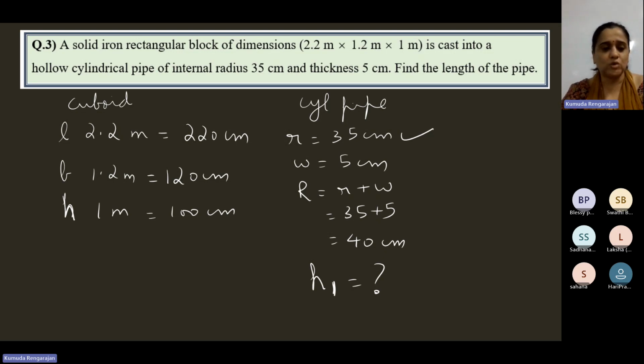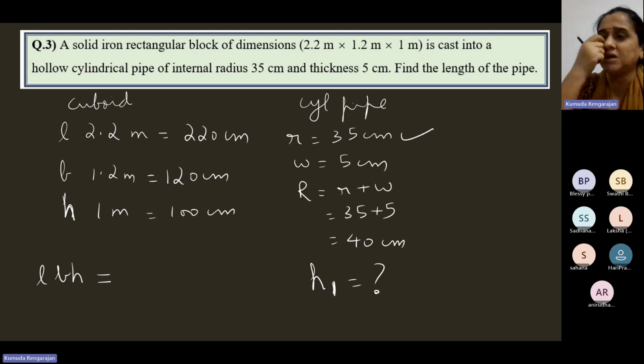The volume of the cuboid, L into B into H, is equal to the volume of the pipe. Why? Because all the material in the cuboid is now in the pipe, so the volume of that material will be the same in both.